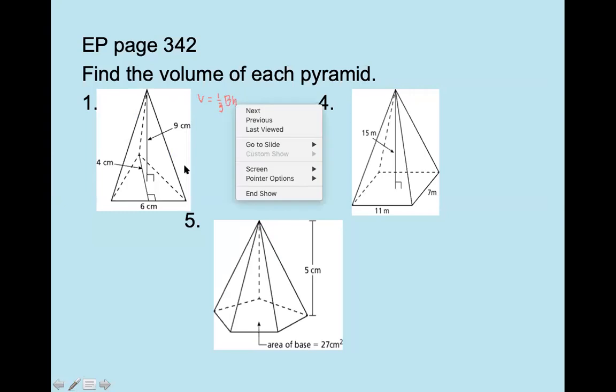One thing we have to recognize is what shape is the base area. So I'm going to outline it here. In this case, our base is this triangular region down here.